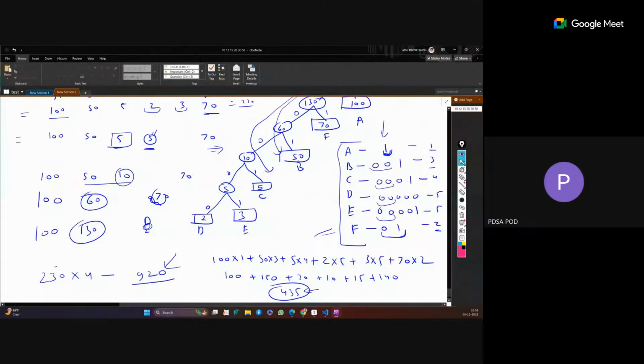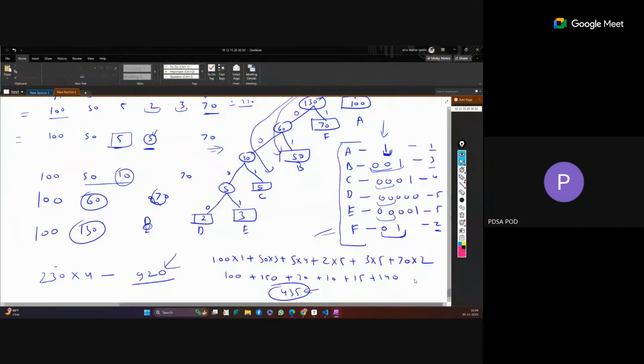So no smaller code appears completely as a prefix of any other code. That property is called the prefix property, and because of that we say these are prefix codes. So Huffman codes are always prefix codes.